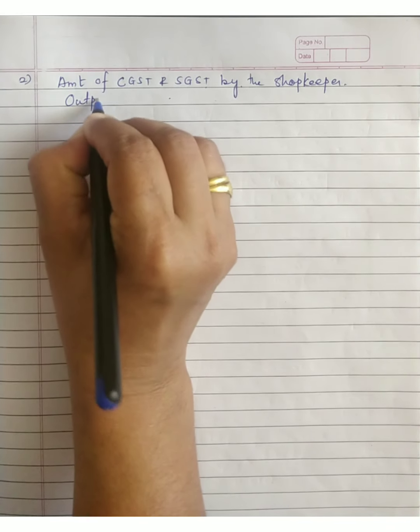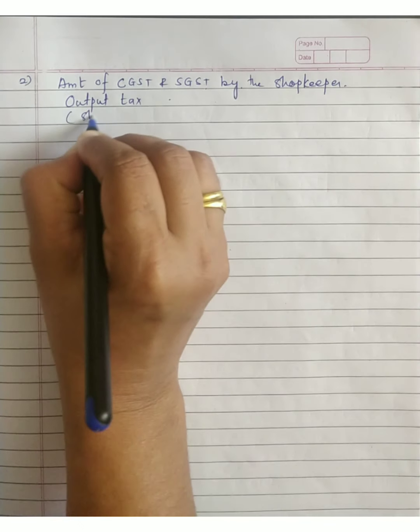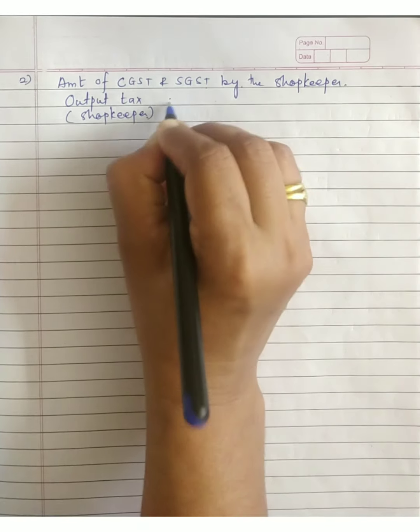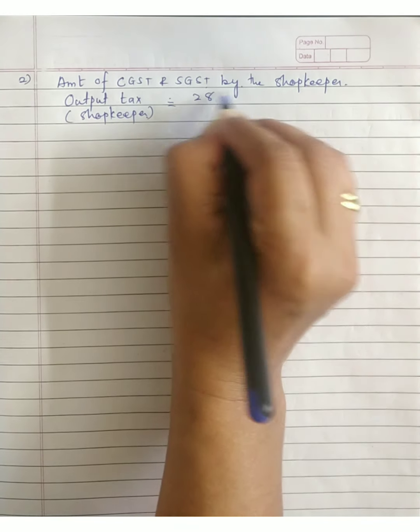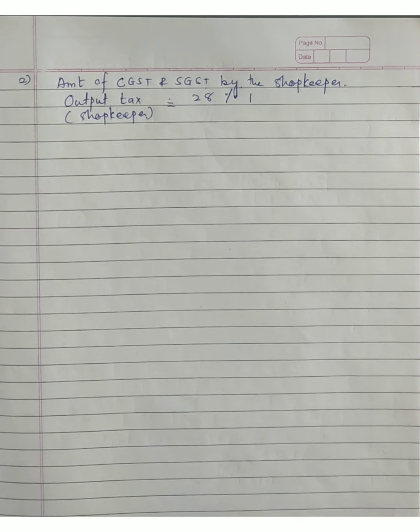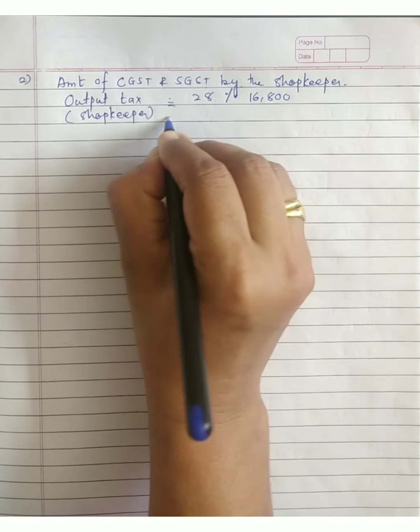So let's calculate the output tax by the shopkeeper, right? That will be what? 28% of, what is the amount he has paid there? 16,800.